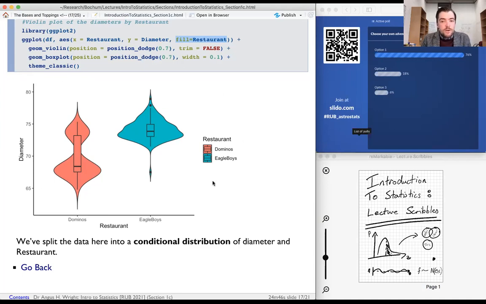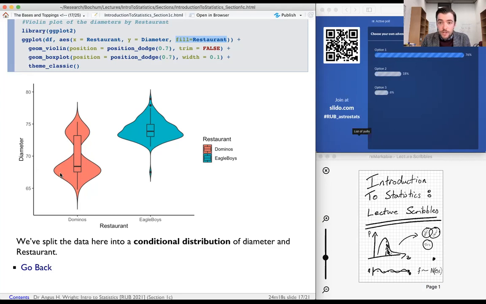So what have we learned here? Well, firstly, there are two restaurants in the data set. One of them is Domino's. The other one is a restaurant called Eagle Boys, which I don't think exists outside of Australia, so I doubt anyone has ever heard of it. And the first thing we can notice is that if you look at the distribution of diameter as a function of restaurant, the Domino's restaurant clearly has bimodality.